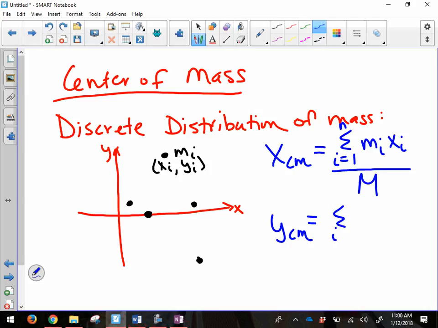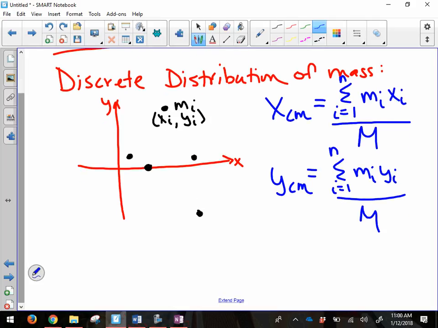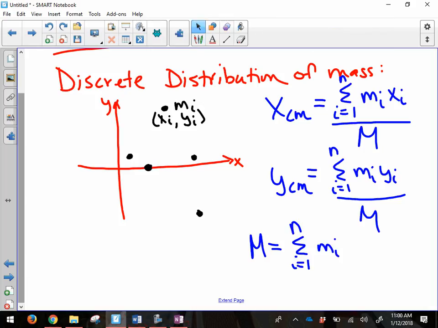And for y, it was again the summation, so I'm adding up the contributions from all of the particles of mi yi over M. And again, M is that total mass that I can also write as a summation.